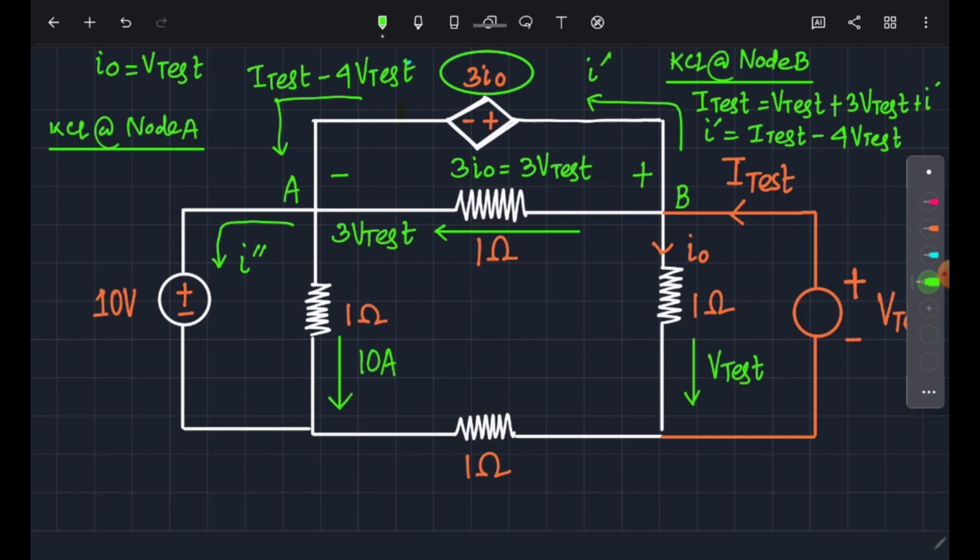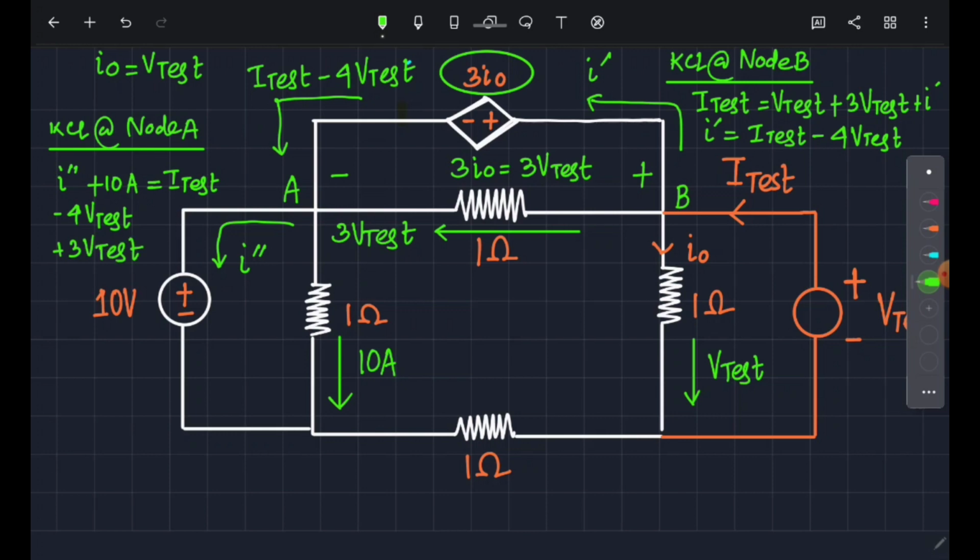We name it as I double dash. I double dash, this is the outgoing current, plus 10 amps should be equal to I test minus 4 V test plus 3 V test.